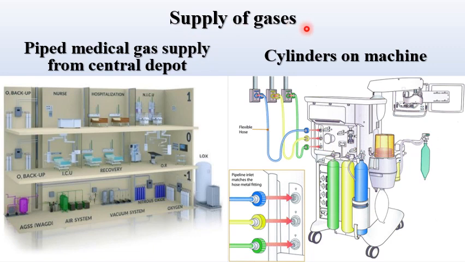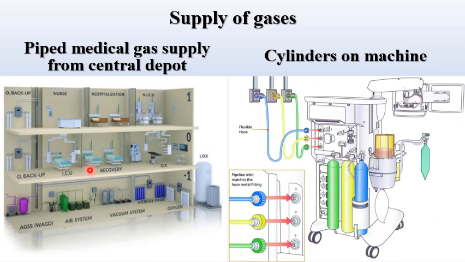First, supply of gases. Again, it can be a piped medical gas supply from a central depot, either with cylinders like here, nitrous oxide cylinders, oxygen cylinders, or an oxygen tank. All of this is piped through here, above here, to OR, recovery units, and ICU, with oxygen backup cylinders here.